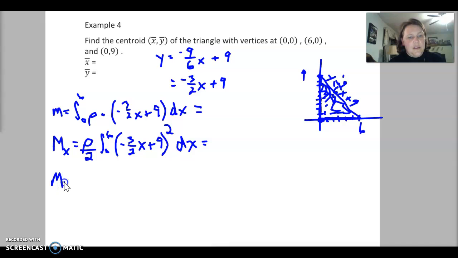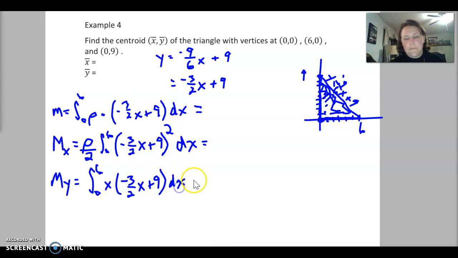And then the last thing that we want to do is find the moment with respect to y. The moment with respect to y, we're going to have the integral from 0 to 6 of x times f of x dx. Okay, look for all those answers.